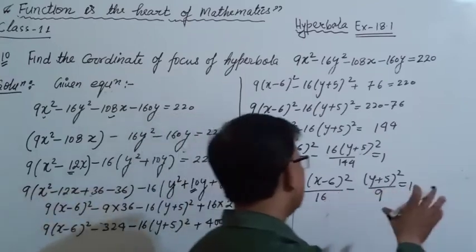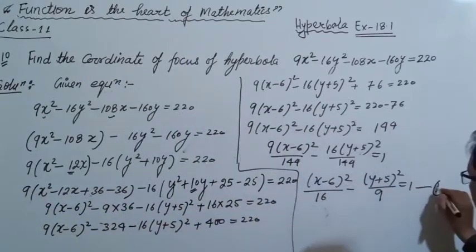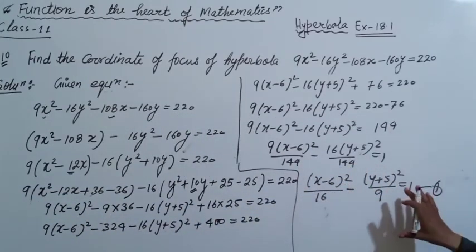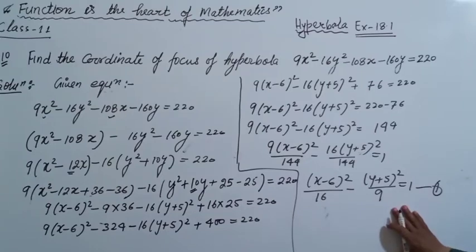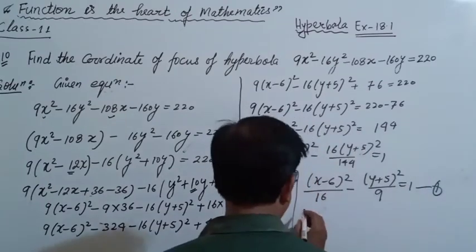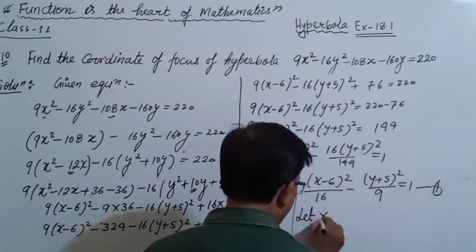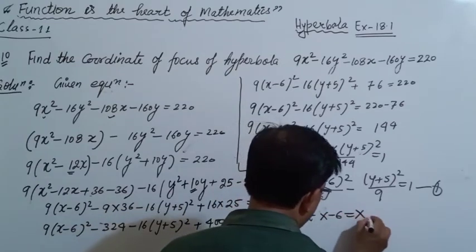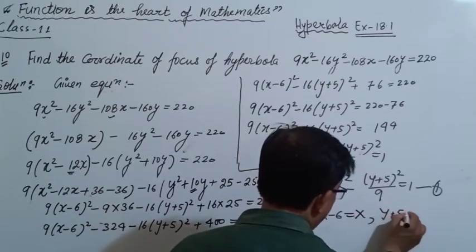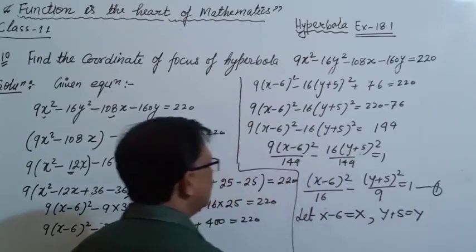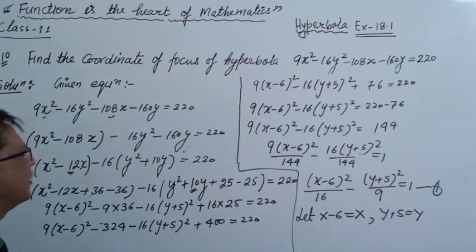This is your standard form equation. If we let x minus 6 equal to capital X and y plus 5 equal to capital Y, our equation is changed to standard form.